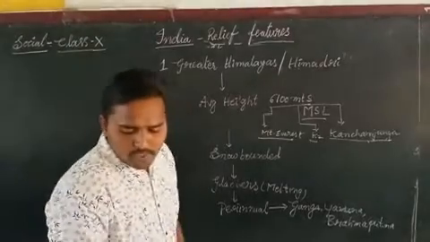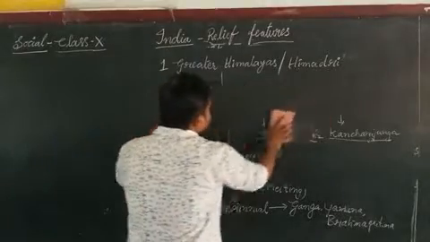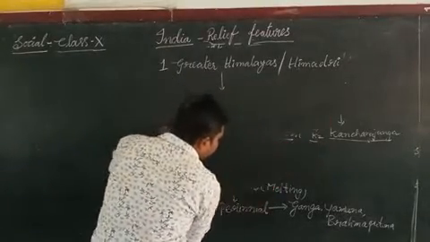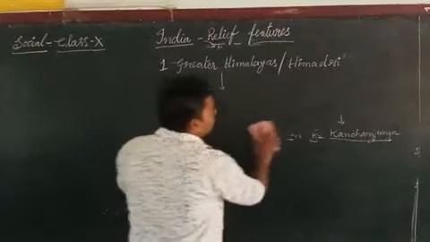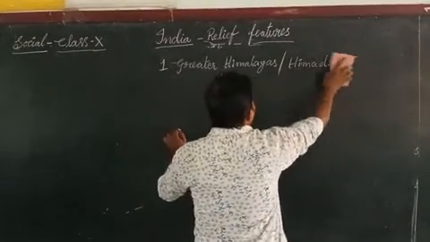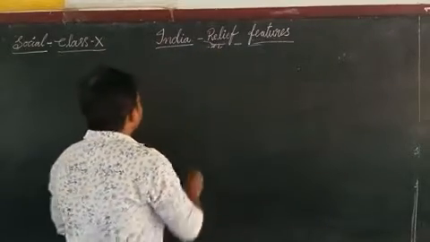Now coming to the second point and the second range. What is the second range? The second range of Himalayas is Lesser Himalayas.